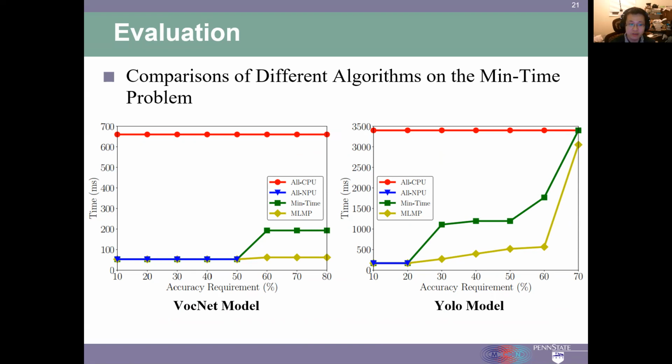The all-NPU method, shown in the blue line, although it has the shortest processing time, cannot satisfy the constraint when the accuracy requirement is above 50% in VocalNet and 20% in the YOLO model. For VocalNet, we can see that our MLMP algorithm outperforms the mean time algorithm. And we can observe similar trends in the YOLO model as well.